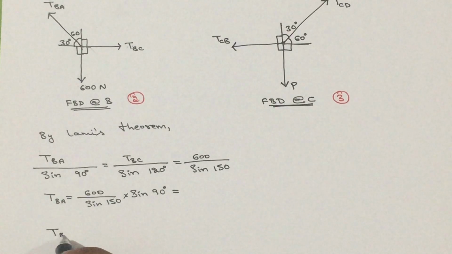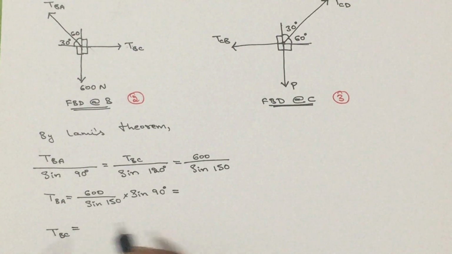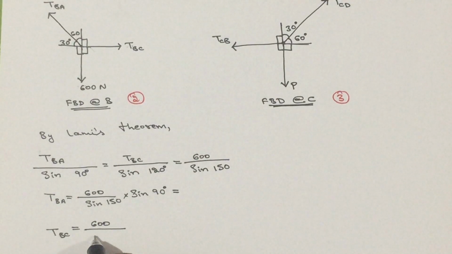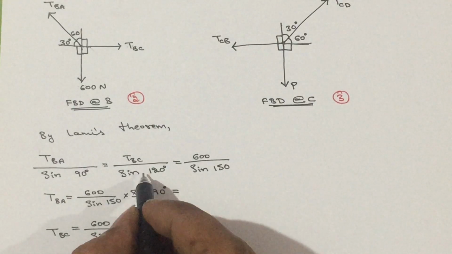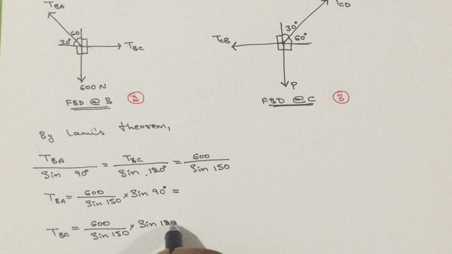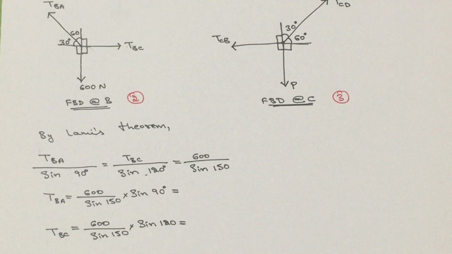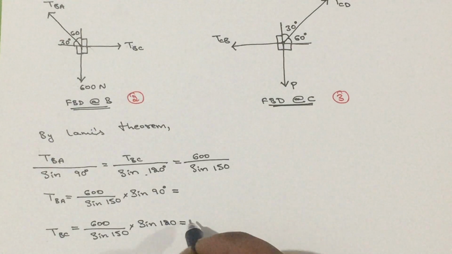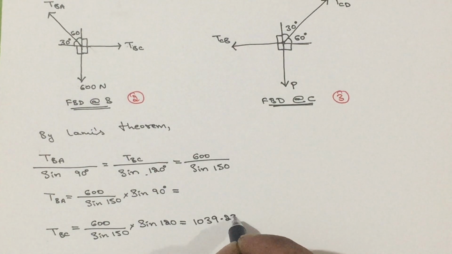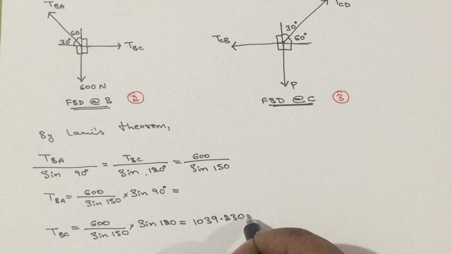You are going to get TBC equal to 600 divided by sine of 150 multiplied by sine 120. Just cross multiply. So, TBC you are going to get as 1039.230 newtons.